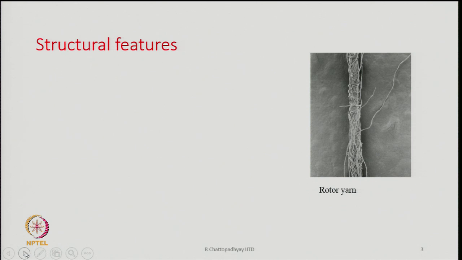The general structural features of a rotor yarn we are going to discuss now. So, we can see there is an image of a rotor yarn, that is what is shown. What we see from this image, generally the rotor spun yarns are more voluminous in comparison to ring yarn.